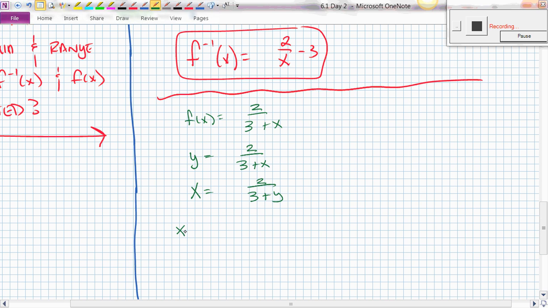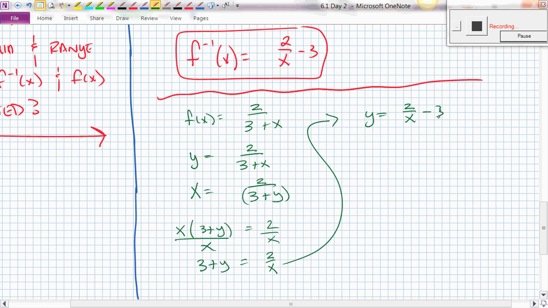Then x times 3 plus y is equal to 2, because I'm multiplying both sides by that. Divide by x, so 3 plus y is 2 over x. Finally, y is equal to 2 over x, take away 3. Then you replace with f inverse of x, 2 over x minus 3. Is that cool? Yes. Okay, now check this out.